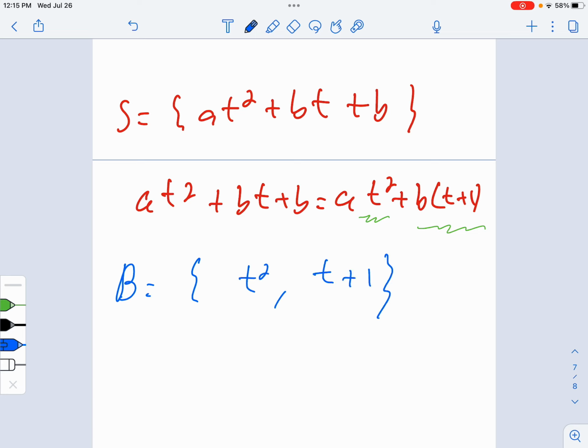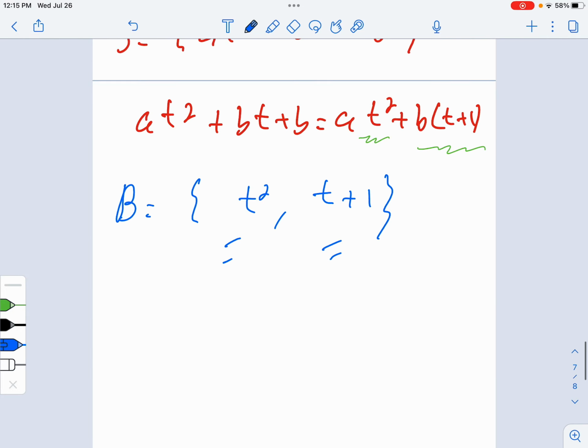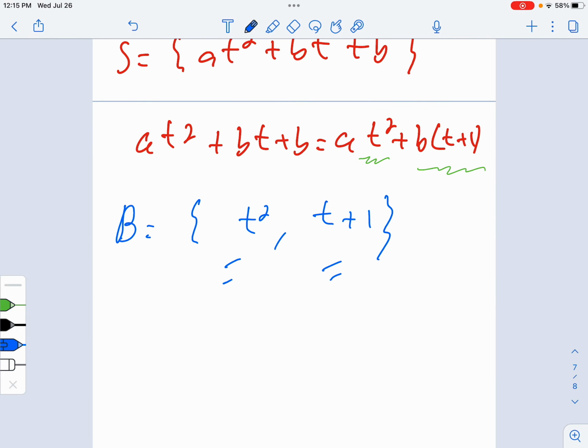And we showed that it's a spanning set. These two elements, t squared and t plus 1, will span the set S, because a times t squared plus b times t plus 1, a is a real number, it's a constant, times t squared, and b is another constant times t plus 1. And when you put a constant times two vectors and then add them together, or whatever number of vectors, we're doing a spanning set.